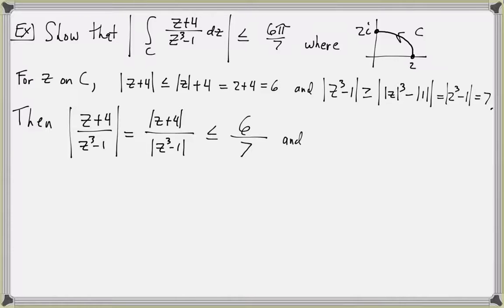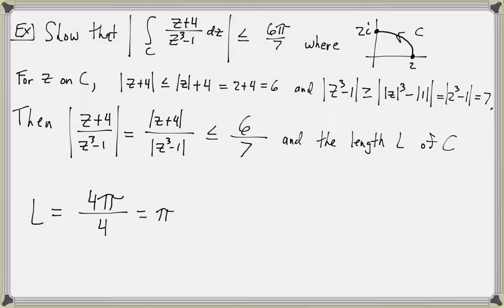And now we need the length of the contour. So the length, capital L, of C. Well, the circle centered at the origin with radius 2 will have circumference 4 pi, but we're only taking 1/4 of this circle, so 4 pi over 4 is pi.